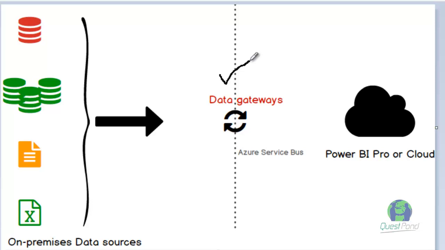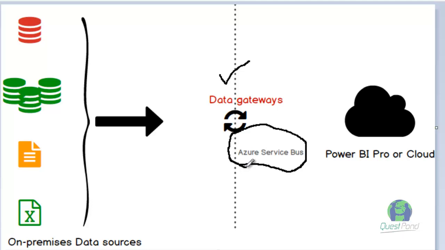And for secure data transfer, it takes the help of Azure Service Bus. Yes, so Azure Service Bus is responsible for secure data transfer between your on-premises data sources and Power BI.com or Power BI cloud services.